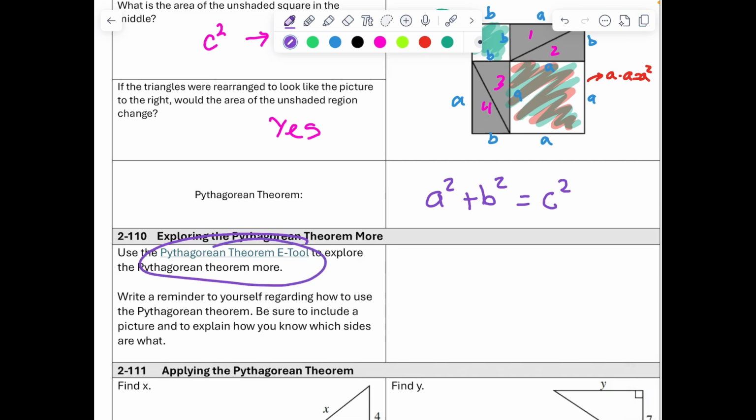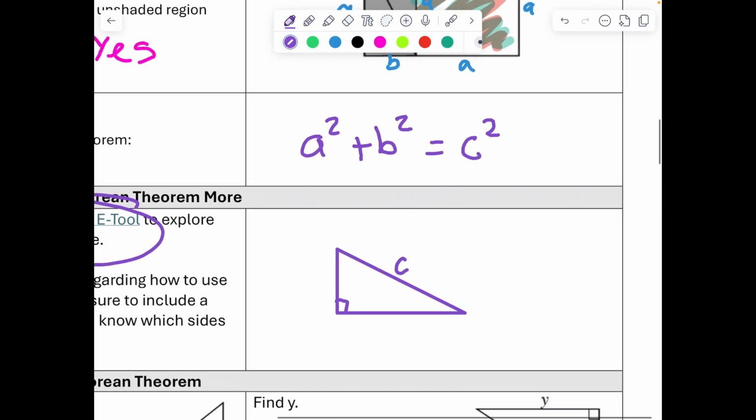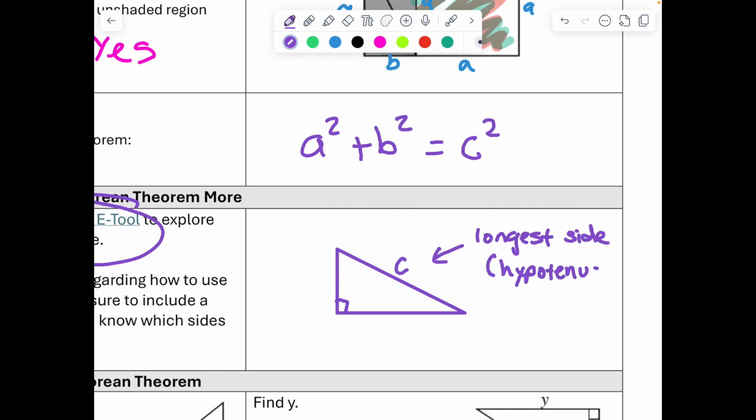This e-tool you'll use in class, it's not really worth going through in the video, okay? But essentially, in a triangle, your longest side of the triangle, the side that's across from the right angle, is always going to be C, okay? Longest side, and we actually call this the hypotenuse. The longest side of a triangle, or the hypotenuse, is always C in our equation, okay?